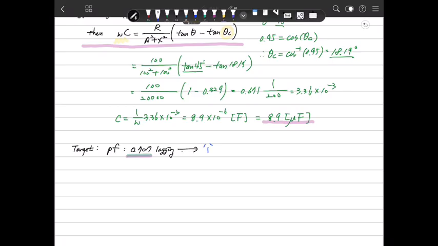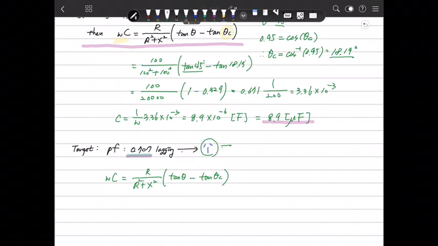It's a perfect power factor. Then what can you do? You can use the same procedure to get omega C. So omega C will be 1 over the square root of R squared plus X squared, times tangent theta minus tangent theta C.